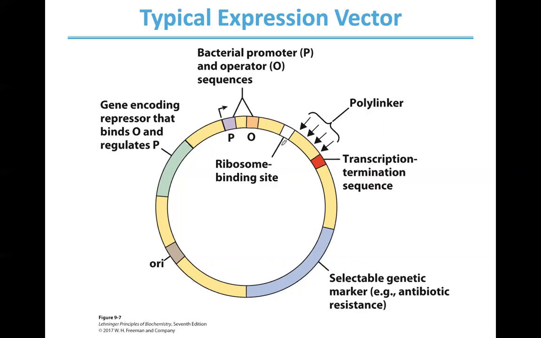So here's the ribosomal binding site. The construction of these expression vectors is a little more sophisticated, but you can put all the information required for the expression of your protein. And there are also selectable markers, for example antibiotic resistance, just like we talked about.